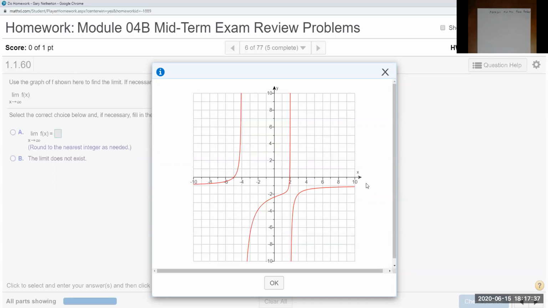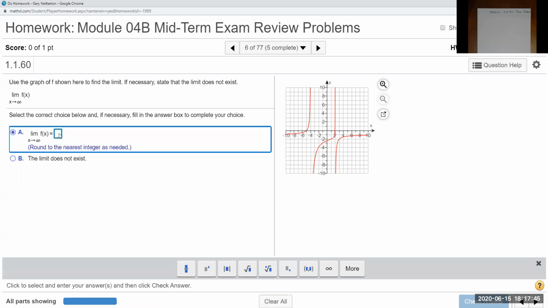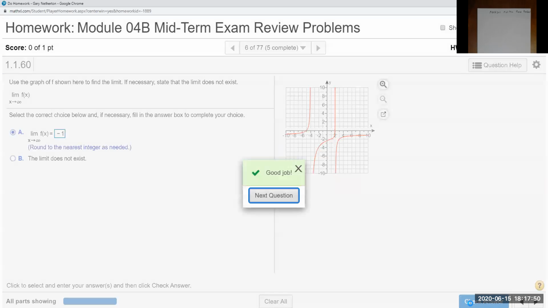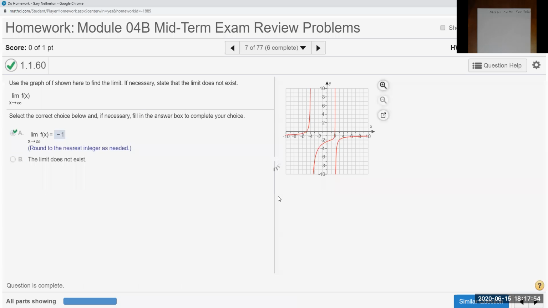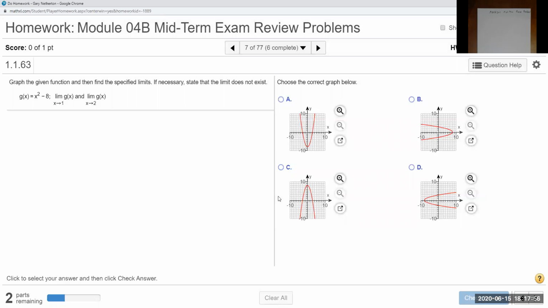So as x gets bigger, I think the function is going to approach -1. All right, so that was a little different because in this case, we're looking at the limit as x approaches infinity as opposed to just a normal number.